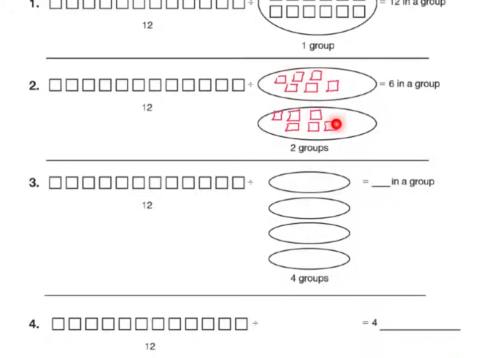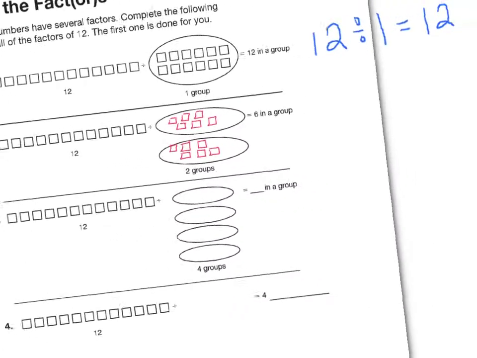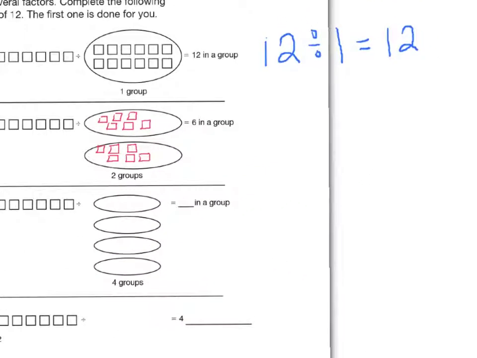Sure enough, there are 12 squares. I have 6 in each group. And again, just so we are totally aware of what is going on, let's put over to the side: 12 divided by 2 equals 6 in a group.